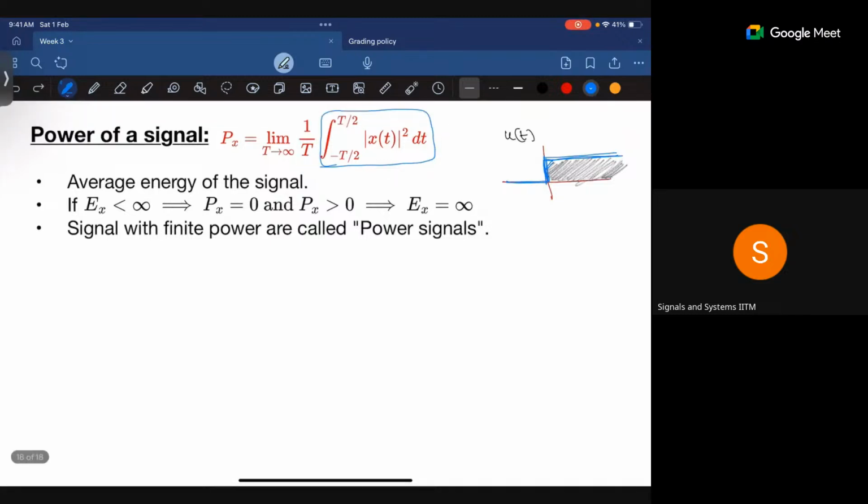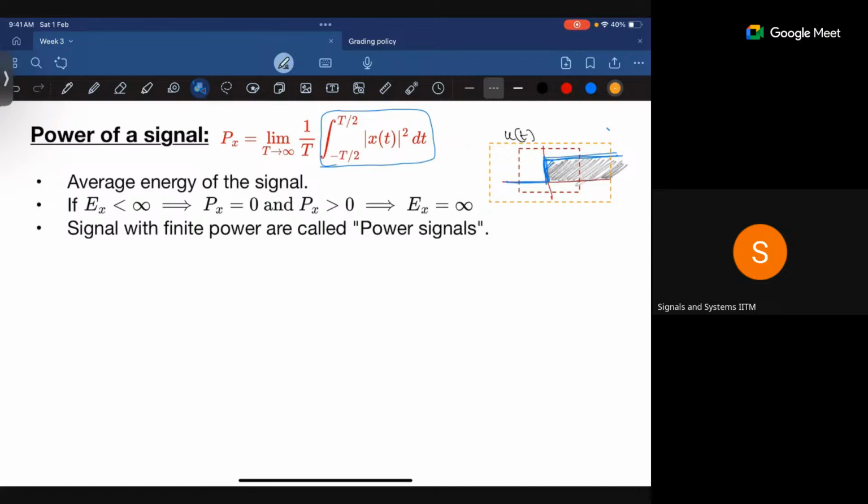Initially we consider this interval and compute the average energy. And then you compute the average energy in this interval. And like this, you compute the average energy of the signal from minus infinity to plus infinity, and that gives you the power of the signal.